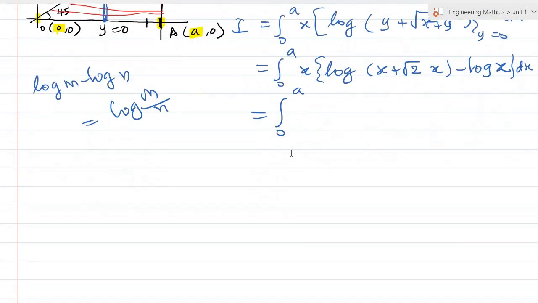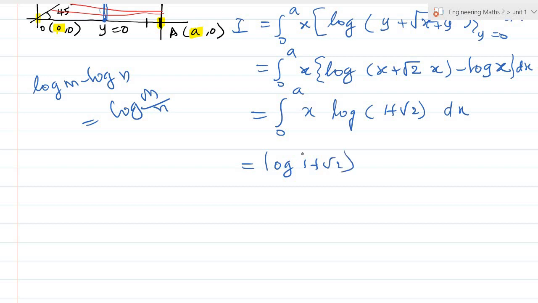So from 0 to a, log 1 plus root 2 will come, x into log 1 plus root 2, dx. Taking log 1 plus root 2 outside, the integration of x is x square by 2. What are the limits here? 0 to a. So what is the final answer for this? A square by 2 log 1 plus root 2.